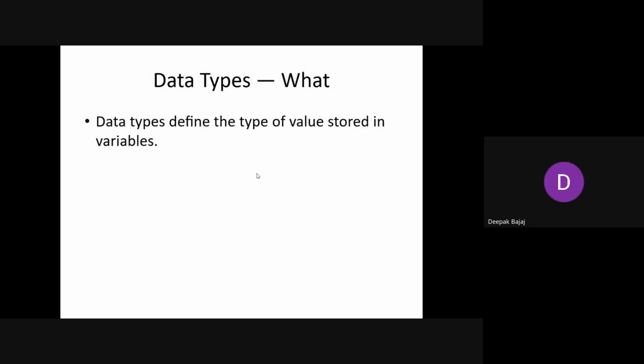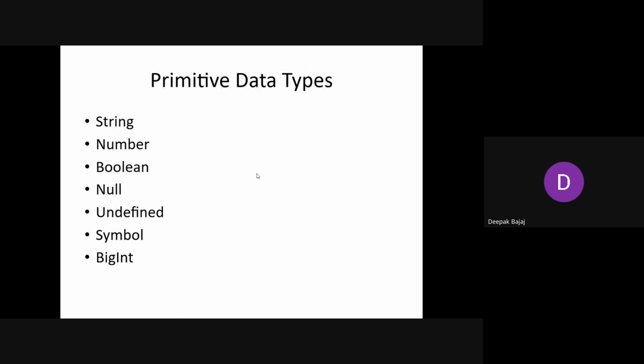Data type defines the type of value stored in a variable. Primitive data types: string, number, boolean, null, undefined, symbol, big int. Primitive means which is already available in your language by default. What is the last one? Big int.